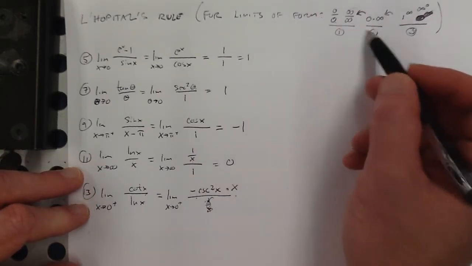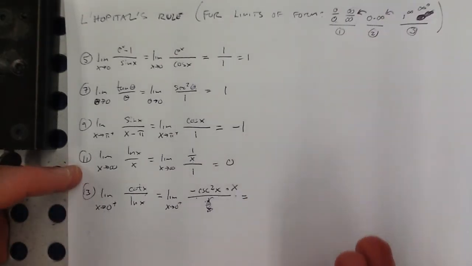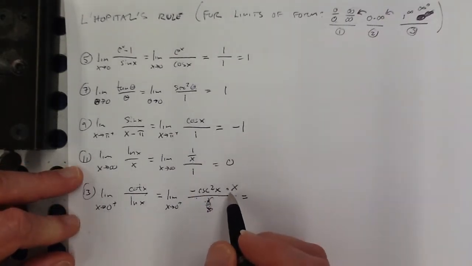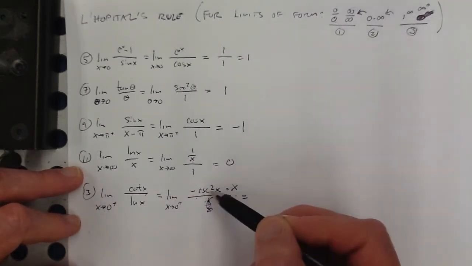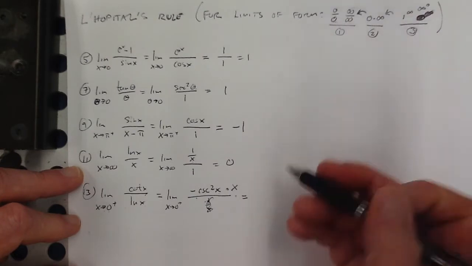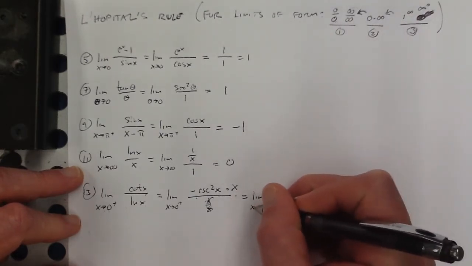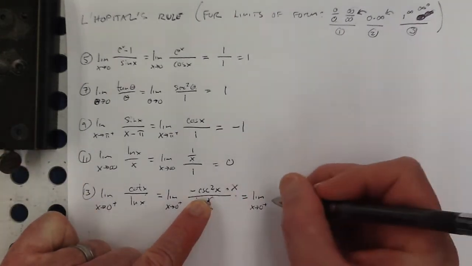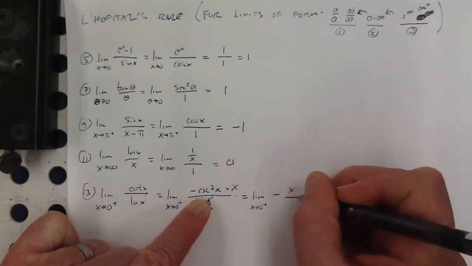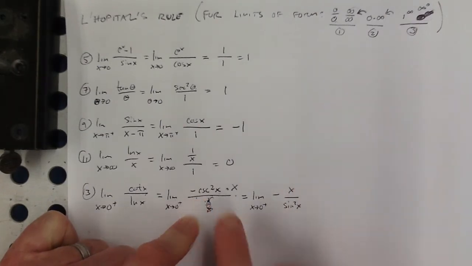That got us to one of these situations. So what do you do from there? That means it's still indeterminate. We still don't know what the answer is. So I have to go from something that's in this form now to this. But this one's well suited for doing that easily because cosecant is 1 over sine. So this is the same as this.